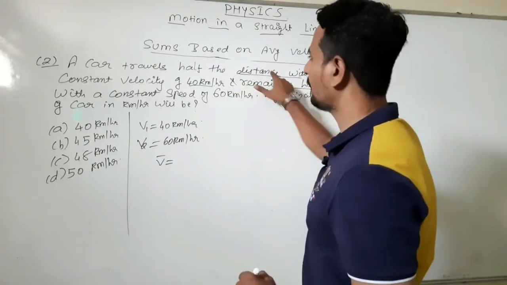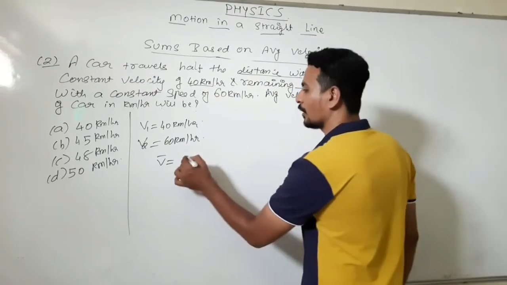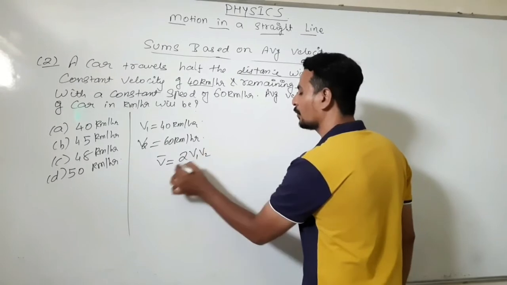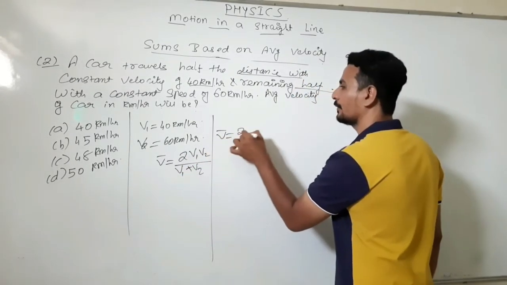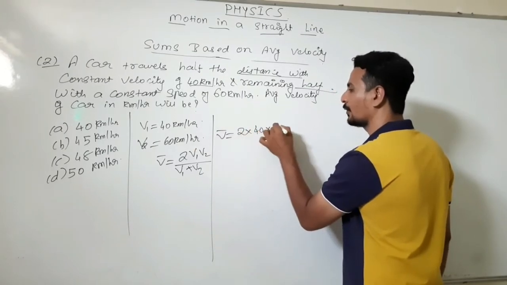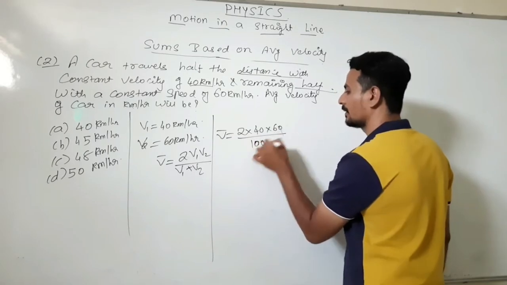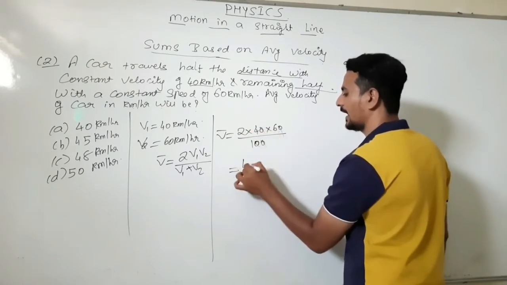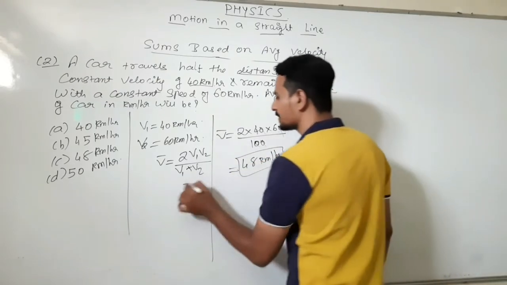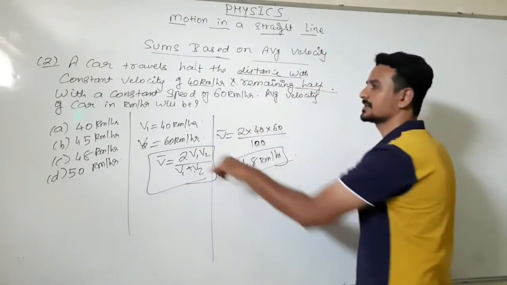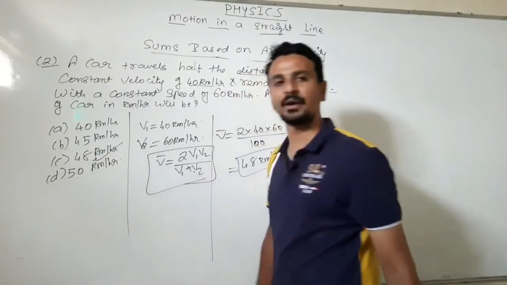Your average velocity will be 2v1 v2 upon v1 plus v2, so 2 times 40 times 60 upon 100, so it is 48 km per hour, right? We used this formula because the distances are the same. So your answer is option C, 48 km per hour.